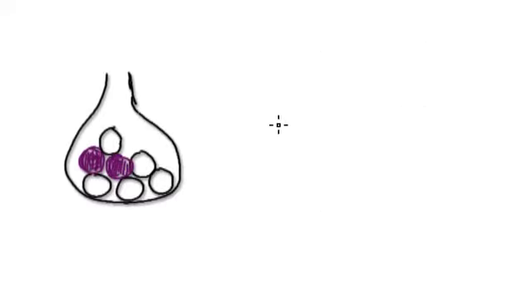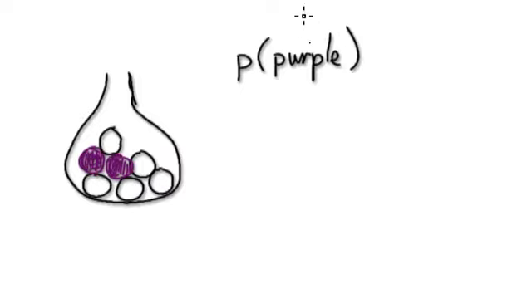Okay. Here's another example. Let's say you've got a bag of sweets. There are 1, 2, 3, 4, 5 white sweets and 2 purple sweets. So the probability here of you picking a purple sweet, probability of purple. Oh, by the way, you can make something up.